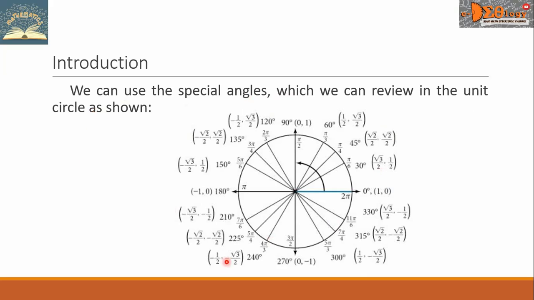We have this unit circle here. There are coordinates for each of the given angles. Note that the x-coordinate corresponds to the cosine theta, while the y-coordinate corresponds to sine theta.